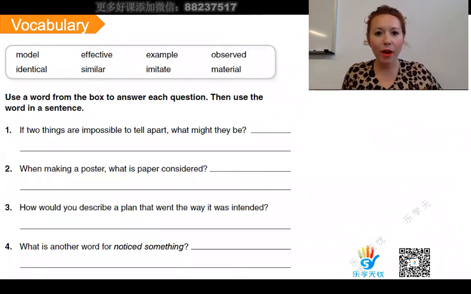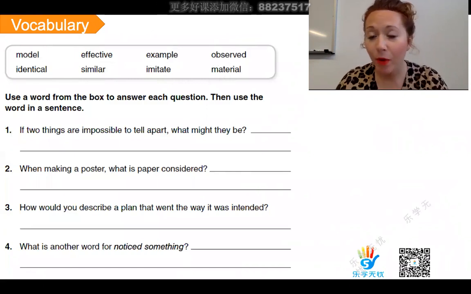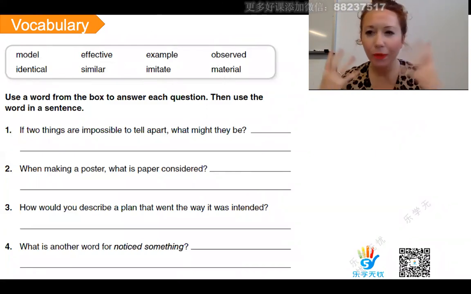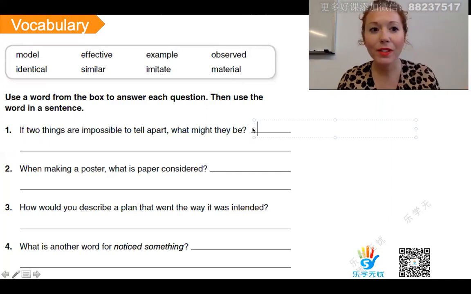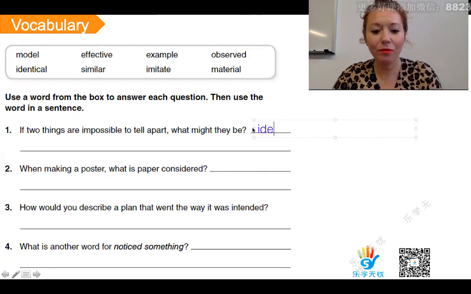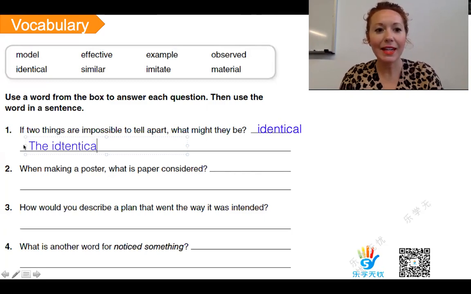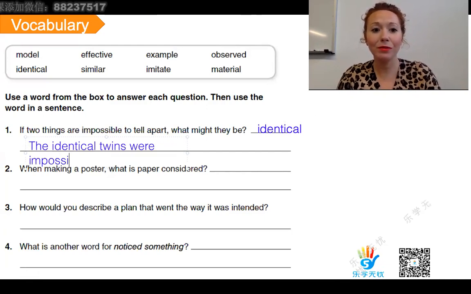So number one, if two things are impossible to tell apart, what might they be? Which word do you think that could be? It's going to be identical. Very good. So we could say that the identical twins were impossible to tell apart.